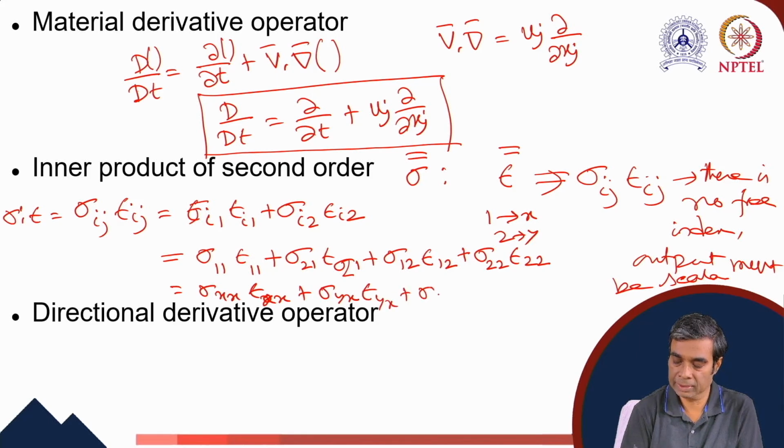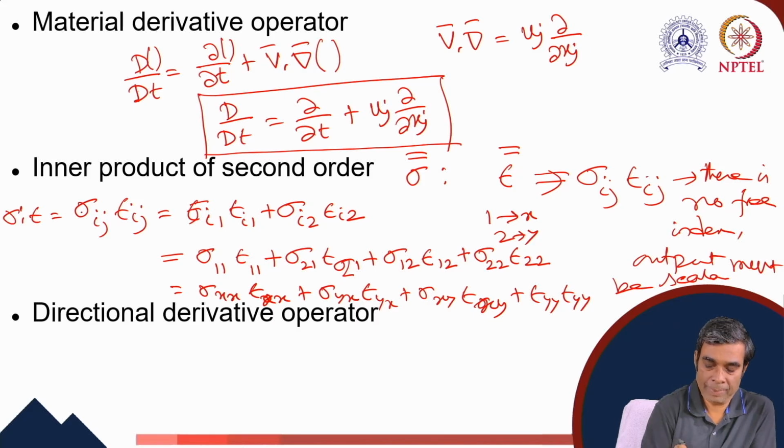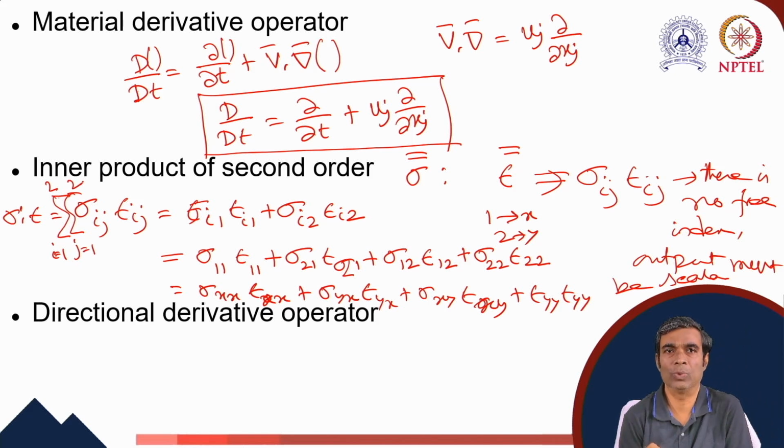The next terms are sigma xy epsilon xy plus sigma yy epsilon yy. So ultimately this becomes a scalar quantity. We can represent this with a double summation, summation over i and summation over j, where i varies from 1 to 2 and j varies from 1 to 2 in 2 dimensions. We could have shown this in 3 dimensions also.